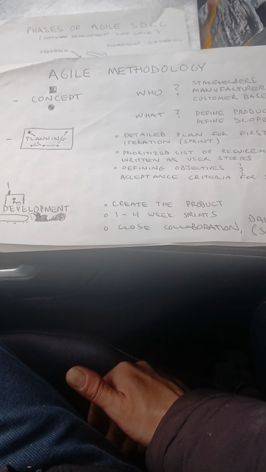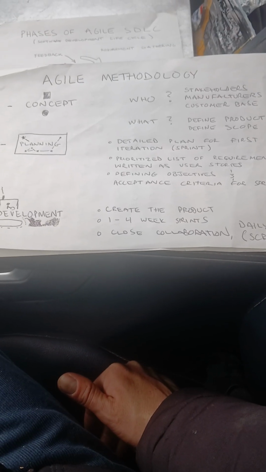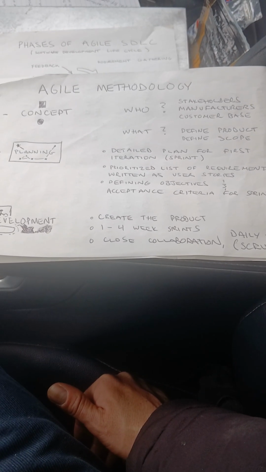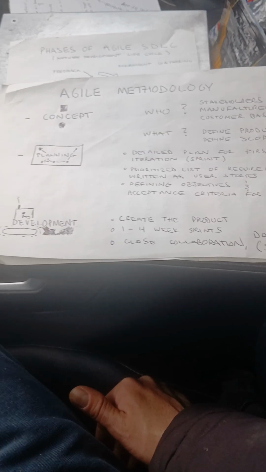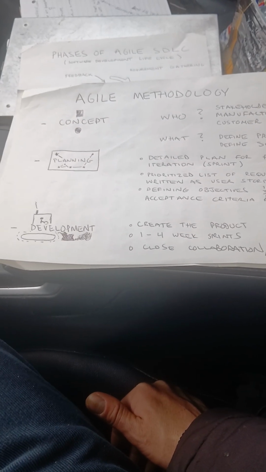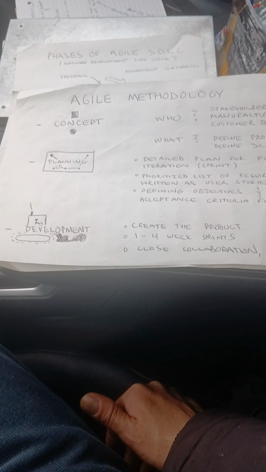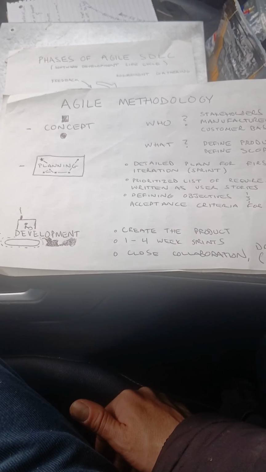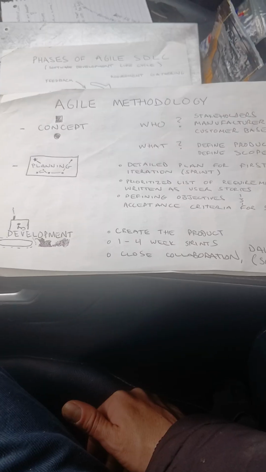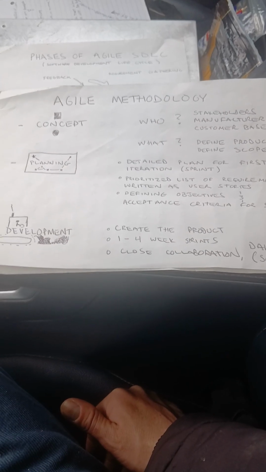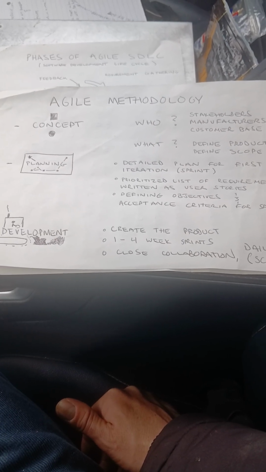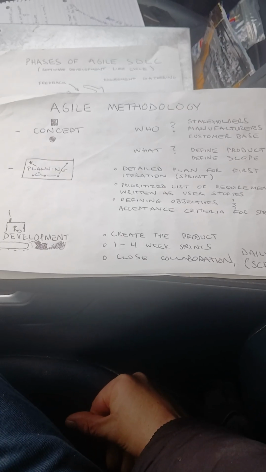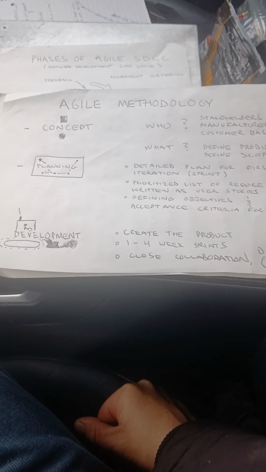And then we have the planning phase. It says detailed plan for the first iteration, and those iterations are called sprints, typically 1 to 4 weeks. In the planning phase, this is specific. They prioritize a list of requirements, and I guess those requirements are written as user stories. User stories is specific language to technology, or that piece of the industry.